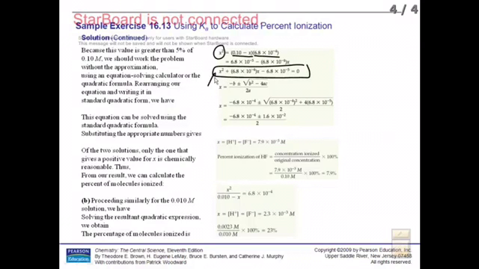Since there's no number in front of the x squared, this is your A. This means that A is equal to 1. B would be this number right here. C would be negative 6.8 times 10 to the negative 5. So you've got to be very careful about how you plug in your positives and your negatives into this formula. So negative B, we're going to plug that in, plus or minus b squared.